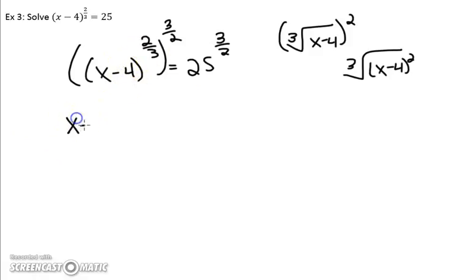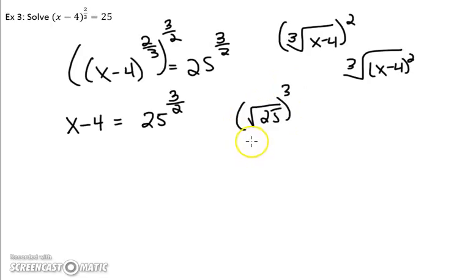So that's going to give us an x minus 4 on this side and a 25 to the 3/2 power on this side. We need to go ahead and simplify this a little bit. So if we think 25 to the 3/2, we can think of that as the square root of 25 to the third power. So the square root of 25 is plus or minus 5 to the third power.